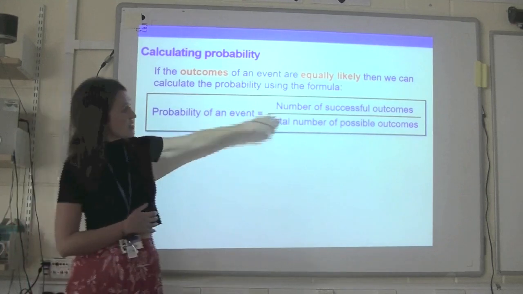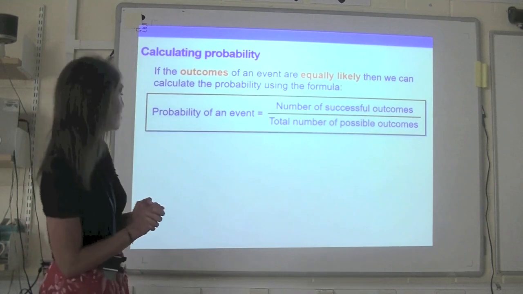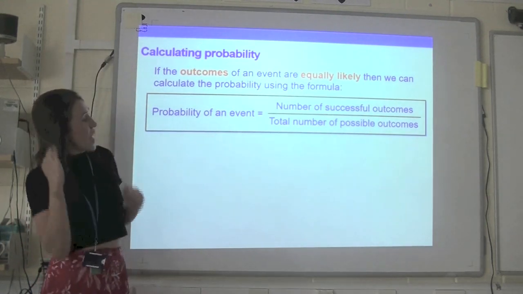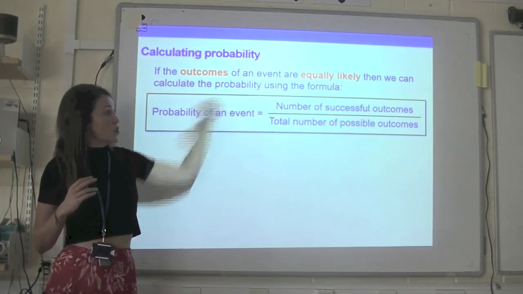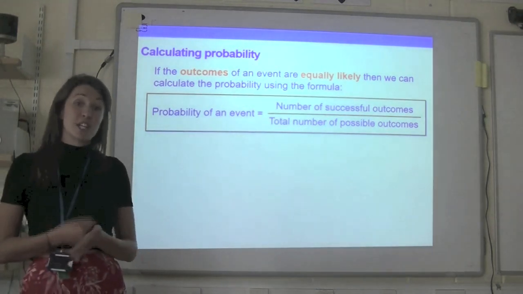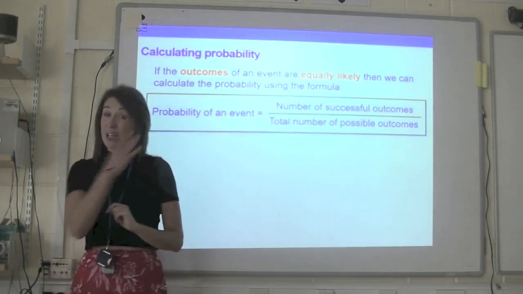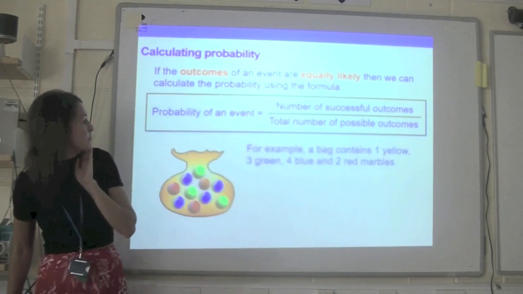So if you want to write that down to help you remember it, in class I would encourage you to write it down to help you remember it. Number of successful outcomes over the total number of possible outcomes. And remember, it's perfectly acceptable to give your answer to a probability question as a fraction, so you can just leave your answer like that and it will become clear when I go through some examples in a minute.